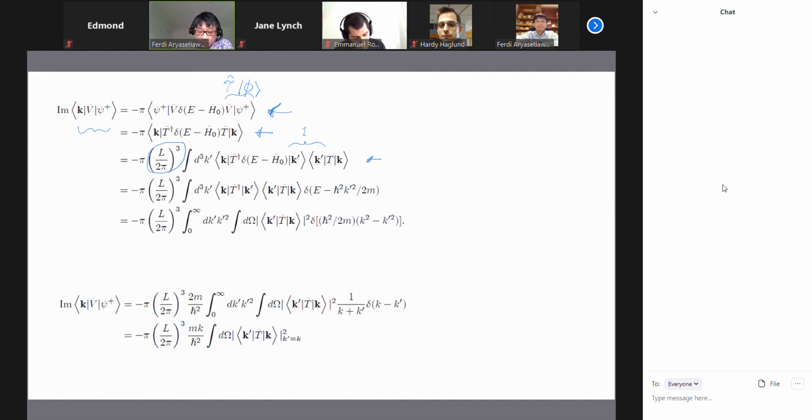So now we can operate this operator, delta of E minus H0 on K prime. So then the H0 is replaced by h bar squared K prime squared divided by 2m. It's just that's an eigenstate of H0. So we have this line here.